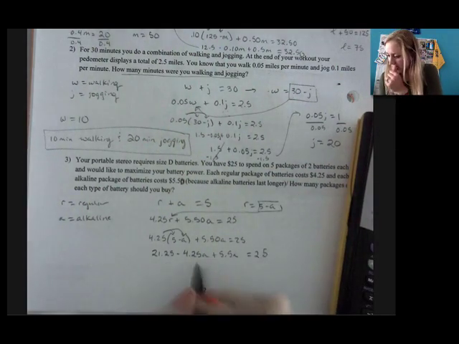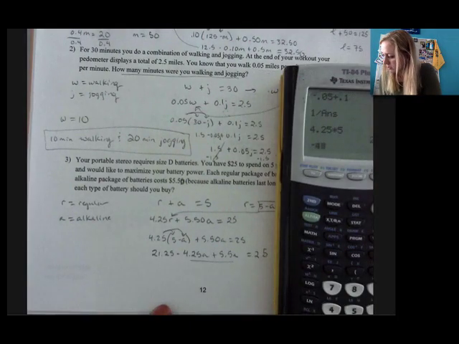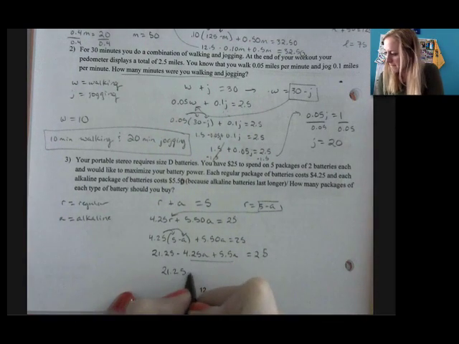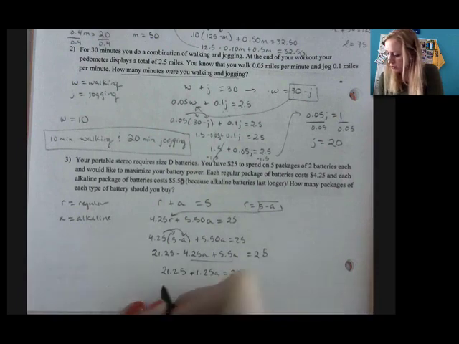All right, so combine these like terms here. I have negative 4.25 and I'm adding 5.5. So we get 21.25 plus 1.25A equals 25. Subtract 21.25 from both sides.